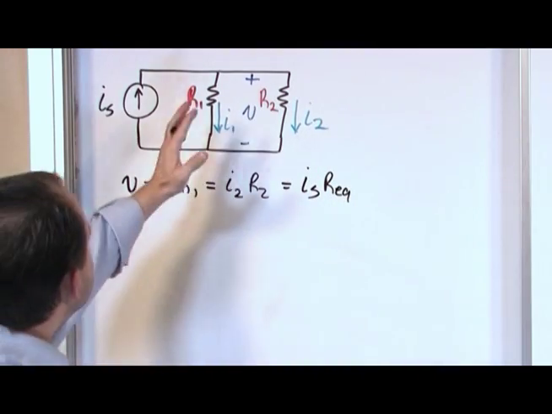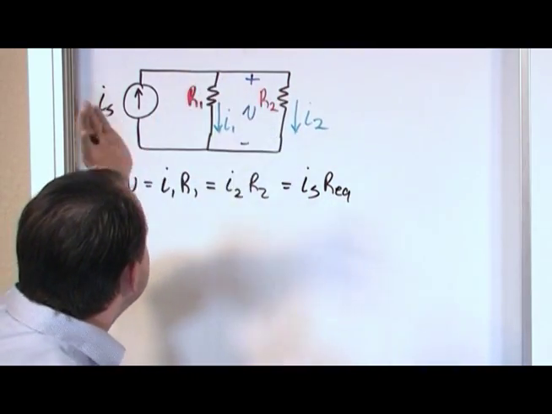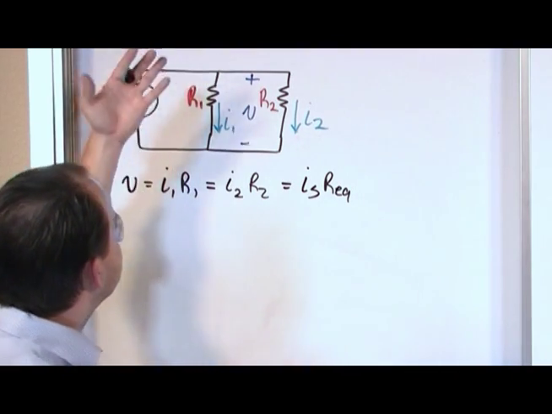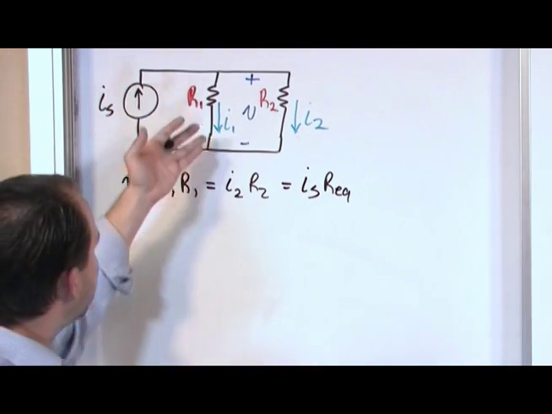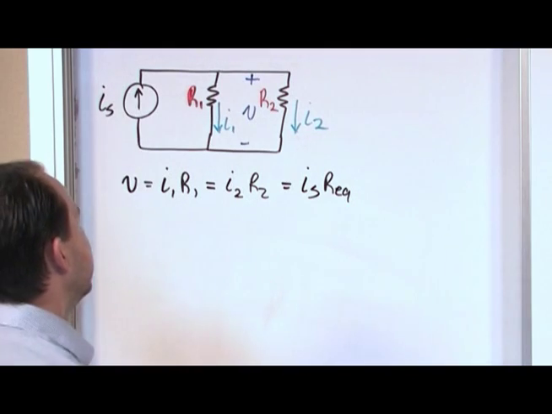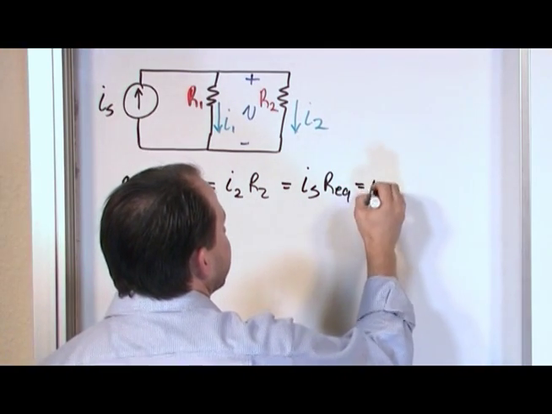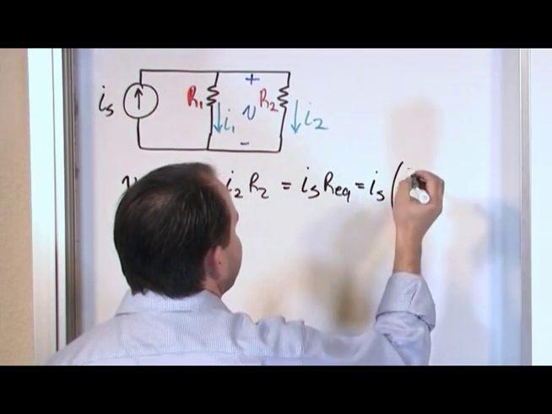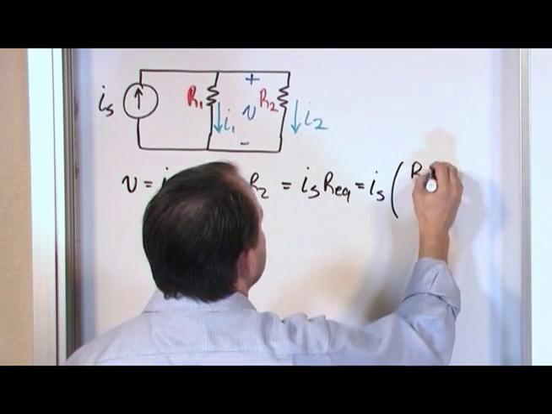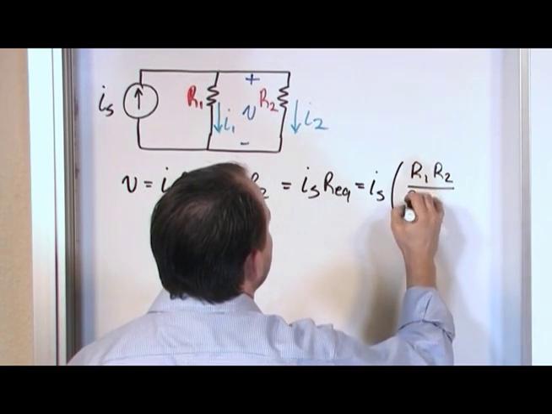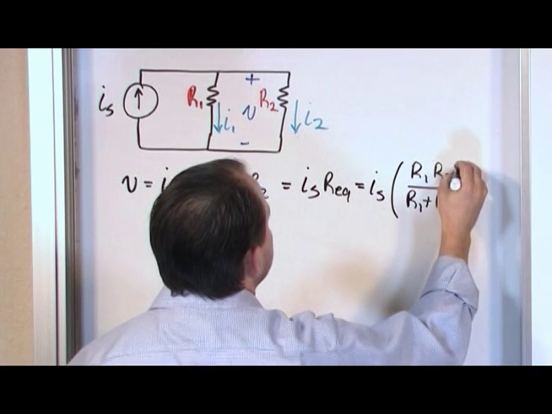In other words, if we combined resistances here, we have a single resistor fed by I sub S. The voltage across it would be I sub S times the equivalent resistance, IR, right? But we know what the equivalent resistance is. It's simply the following. It's product over sum. R1 R2 divided by R1 plus R2, right?